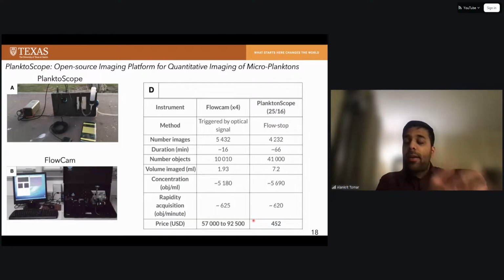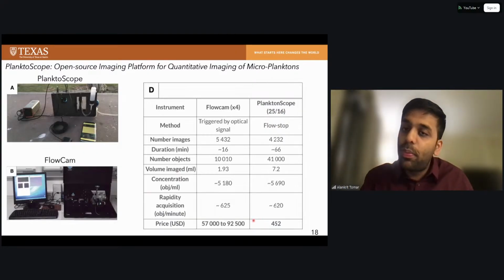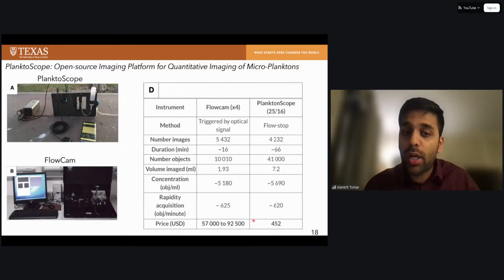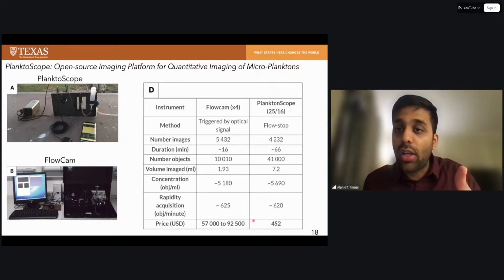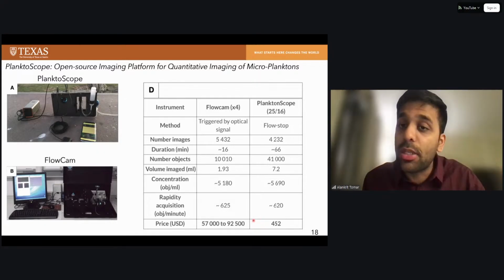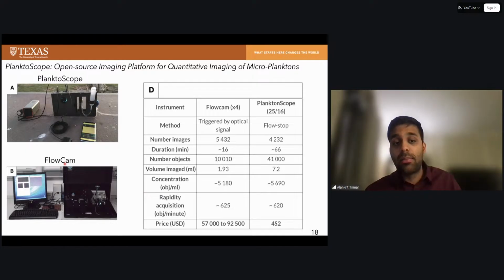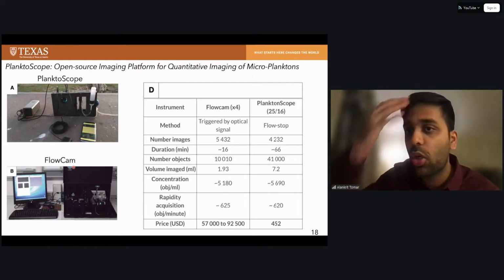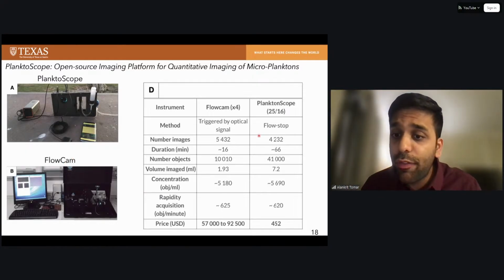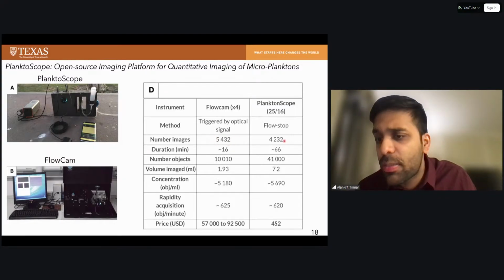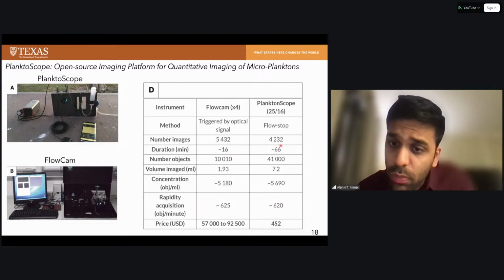So if we compare the planktoscope to a commercial product, like I had shown in that graph, a commercial product is a device which is high cost, but it also has high performance. So let's compare the performance of the planktoscope with a commercial product which does the same thing, called the FlowCam. The FlowCam acquires about 5,400 images. Planktoscope almost does the same thing too.